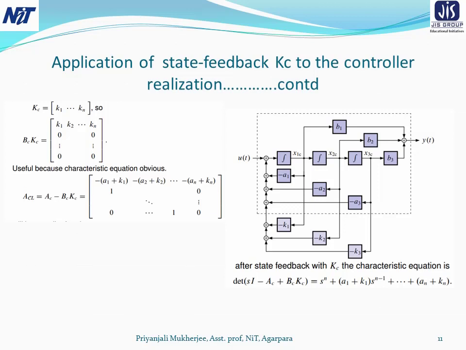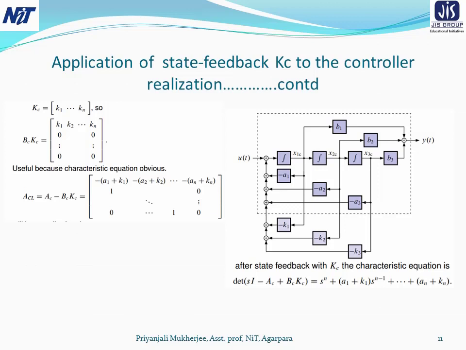Similarly for the next term, that is minus A2 and minus K2. So minus A2 from x2c and minus K2 from x2c are coming, and then these two are added up, and then it will be used as the feedback. In the same manner, from x3c a minus of A3 is coming and minus of K3, and the summation of these two goes to this summing point.